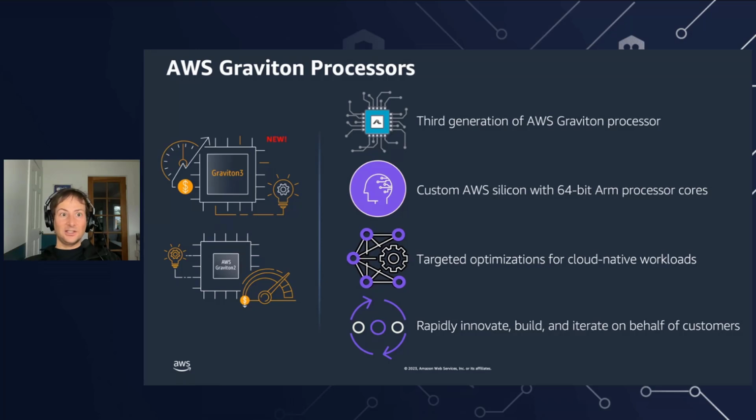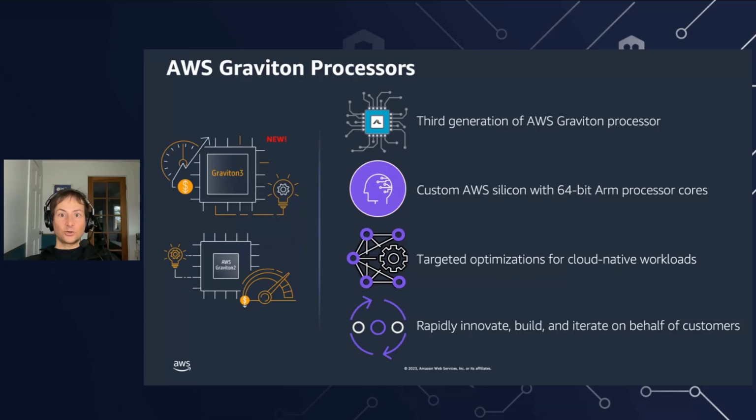They're specifically optimized for cloud-native workloads, which means that we have designed them with the right balance of performance and power consumption to target the kind of scale-out workloads that you run in the cloud at the right price and at the right performance. Building our own processors allows us to rapidly innovate, taking the feedback from our customers to build new processors that are more suited to their applications.